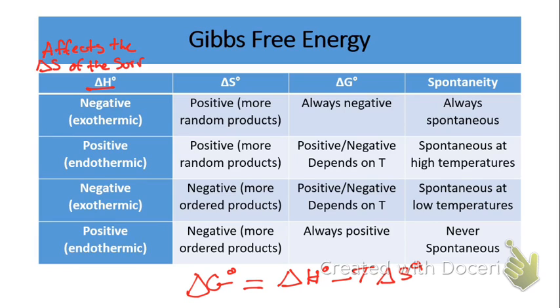And this value is going to affect the enthalpy change of the system. Okay, so keep that in mind. And then, of course, the delta G value is going to tell us if these situations lead us to a spontaneous process or not, based on our equation.